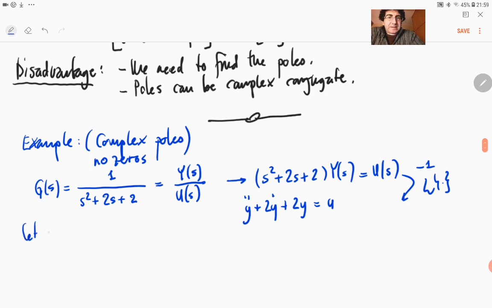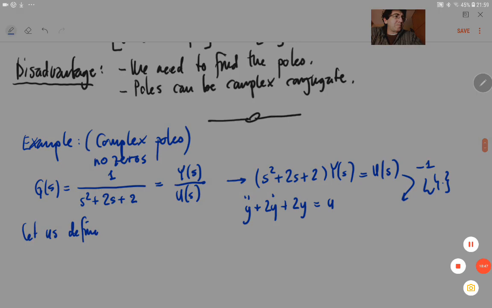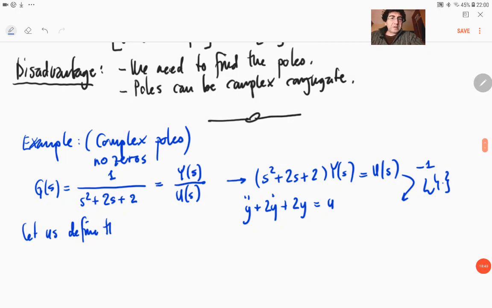Now let us define the states. Because this is a differential equation, one of the typical choices, and we have seen this in the mechanical systems, is that I can choose the first state to be y and the second state to be the derivative of y.